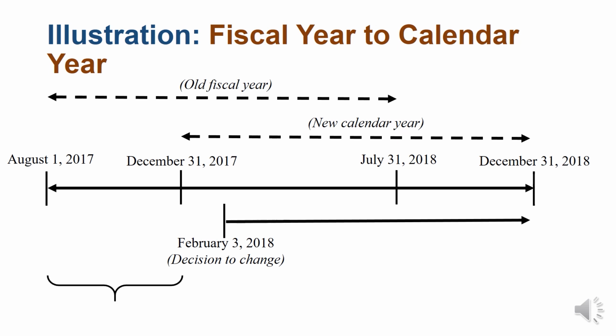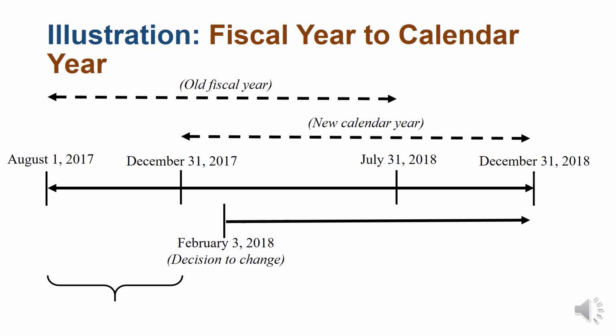Okay? So in our case, we have August 1, 2017 to December 31, 2017. This is the beginning and the beginning, right? The beginning of the old fiscal year and the beginning of the new calendar year, like what we did in our previous illustration. So, in this case, there will be incomes from August 1, 2017 to December 31, 2017 that cannot be reported in the new calendar year.